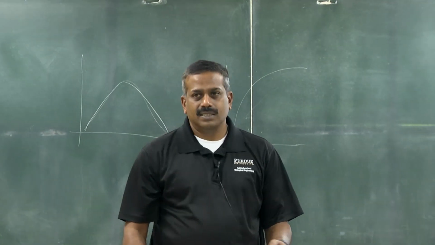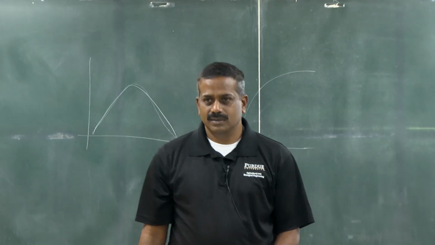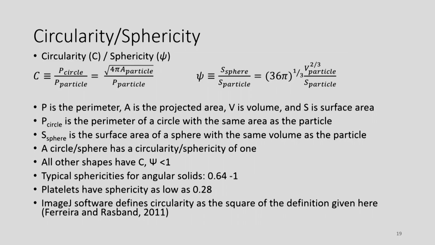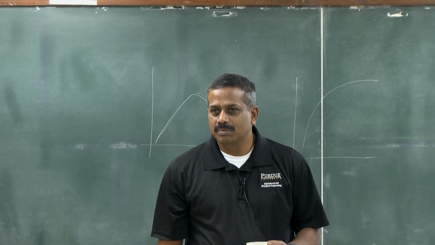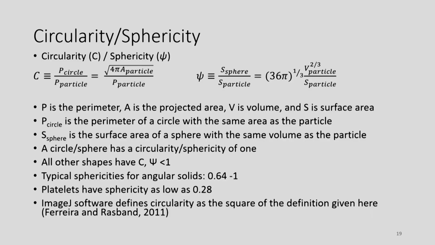Any example of a particle that has a circularity or sphericity of 1? Any agricultural material? Be loud, yeah. Green peas, okay. What other example? Mustard seed, okay. Anything else? Soybeans, but they will never be 1.